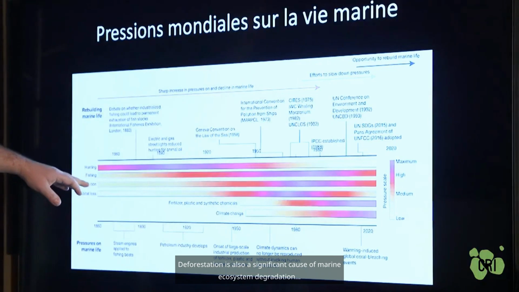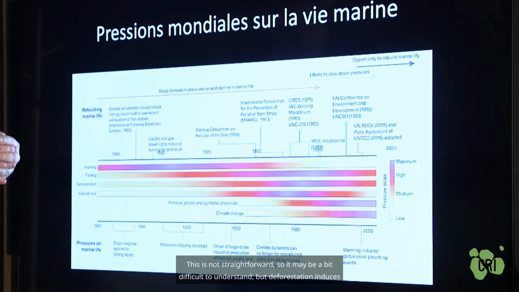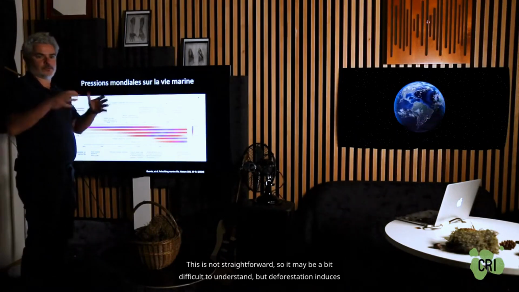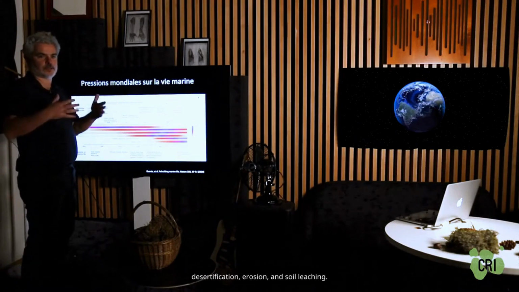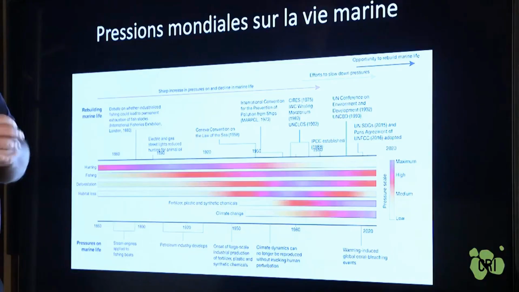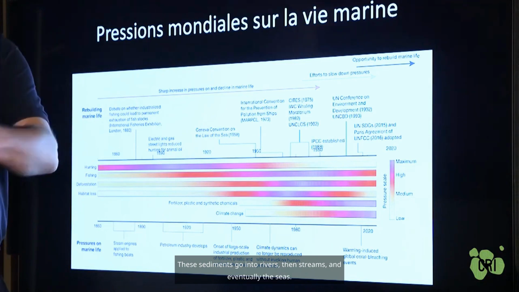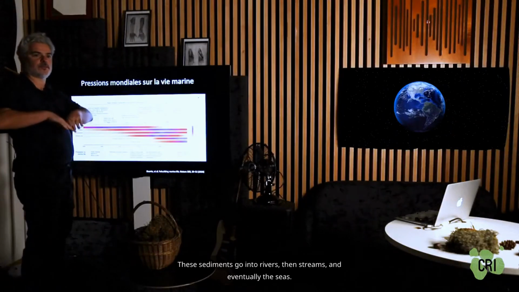Deforestation is also a significant cause of marine ecosystem degradation. This is not straightforward, so it may be a bit difficult to understand, but deforestation induces desertification, erosion, and soil leaching. There are a lot of sediments that are retained by the roots. These sediments go into rivers, then streams, and eventually the seas.